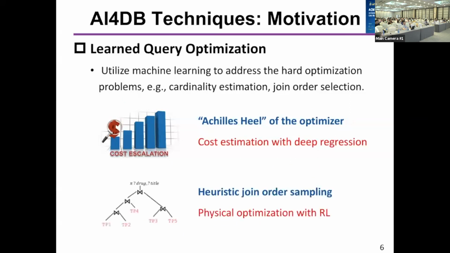The second one is join order selection. For example, given 10 tables, there are billions of possible orders to join the tables, so it's very important to get a better join order. If we want to explore every possible join order and then select the best one, it will take lots of time.